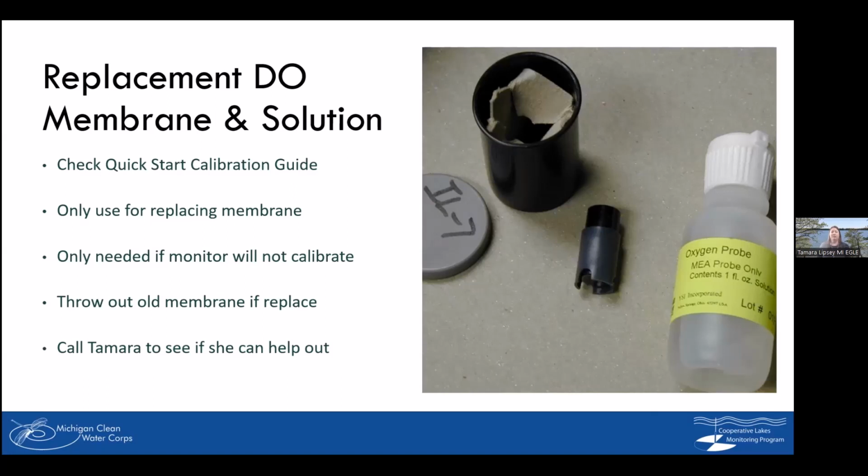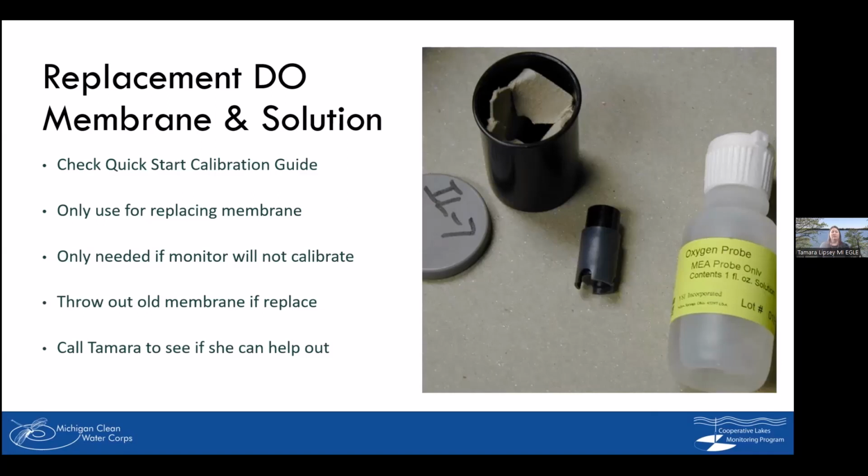As I mentioned earlier, you will have some kind of container with some tissue paper in it, or in this case some cardboard to hold it in place, and you will have an extra membrane. You'll also receive some of this solution that needs to be put into the membrane in order to make the membrane able to conduct electricity with the meter.